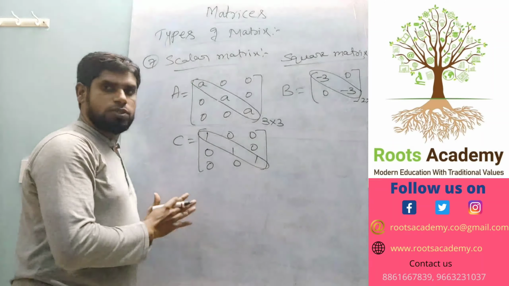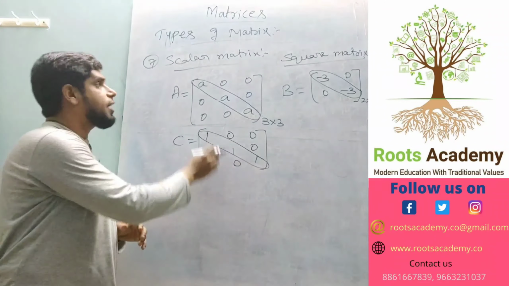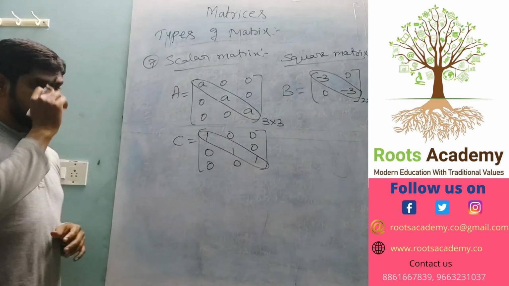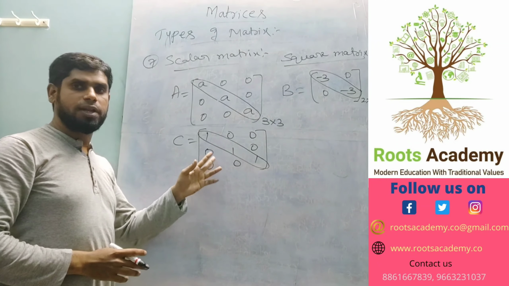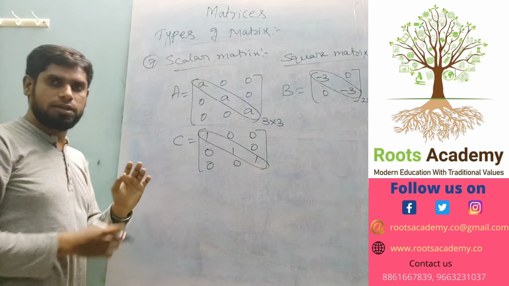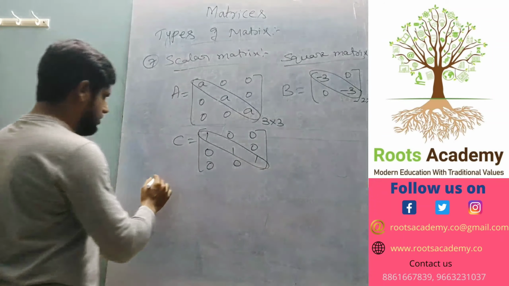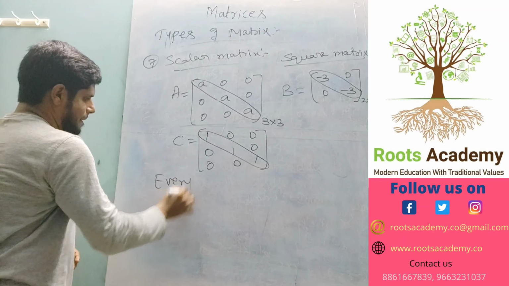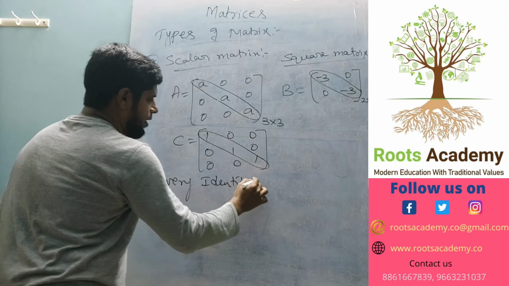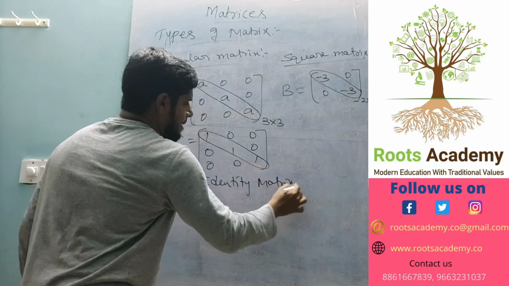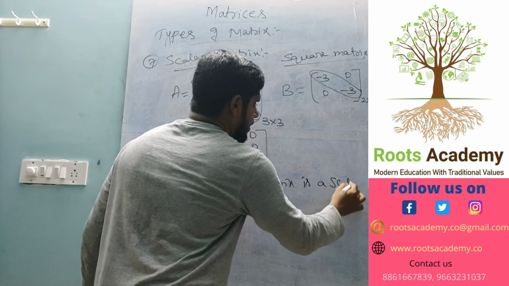Then what is the conclusion? What can we understand with this identity and scalar matrix? The final conclusion we can give by comparing these two matrices is every identity matrix is a scalar matrix.